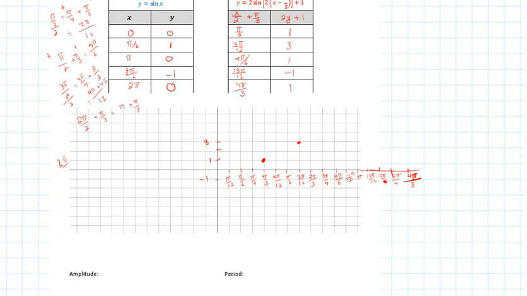Then I have 13 pi over 12 and negative 1. And then I have 4 pi over 3 and 1. And there you go. To the best of my ability, graphing on a computer like that.